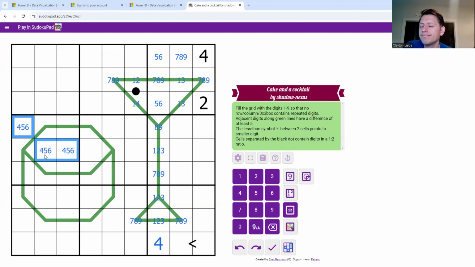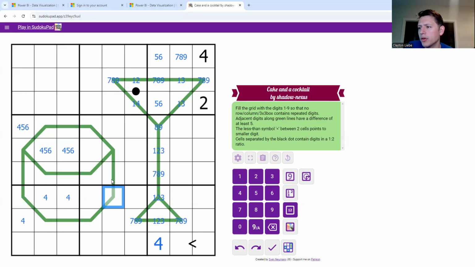Which again is not going to be very useful because we know this is just all the other digits. But something. Can we put a 4 here, here, or here? No. So the 4 is somewhere over here.